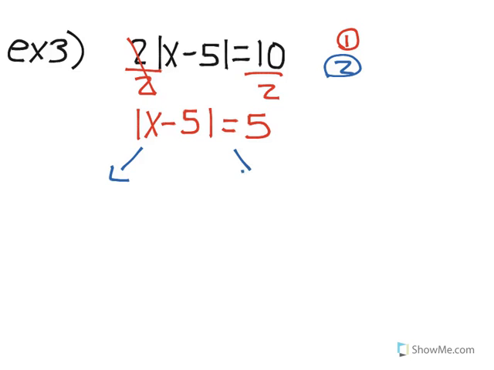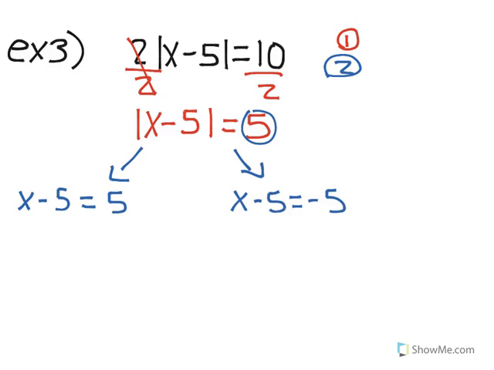One with the positive this side and one with the negative this side. So we got, and we're going to take away our absolute value, x minus 5 is equal to 5, and x minus 5 is equal to negative 5. We're going to do step 3, which is solve for x.